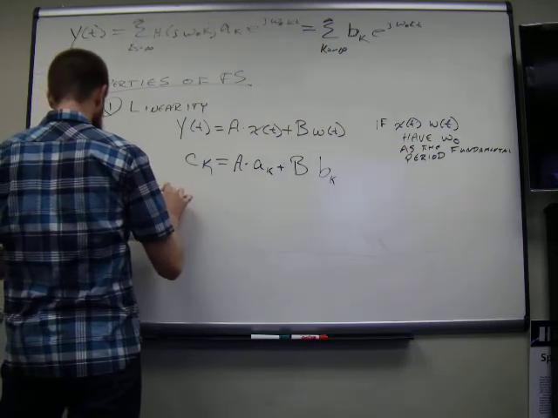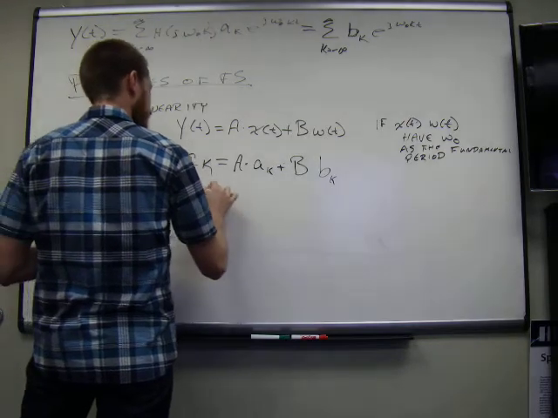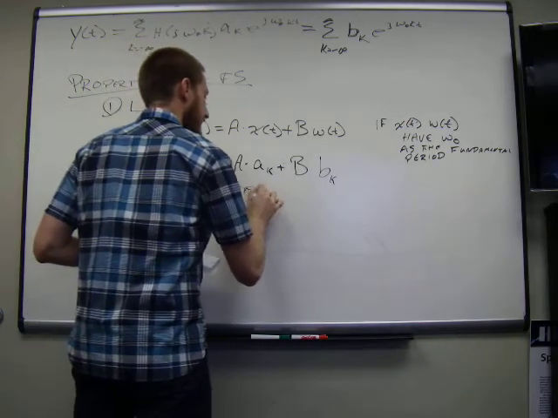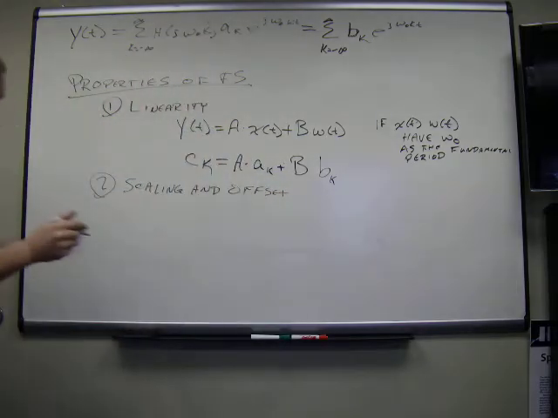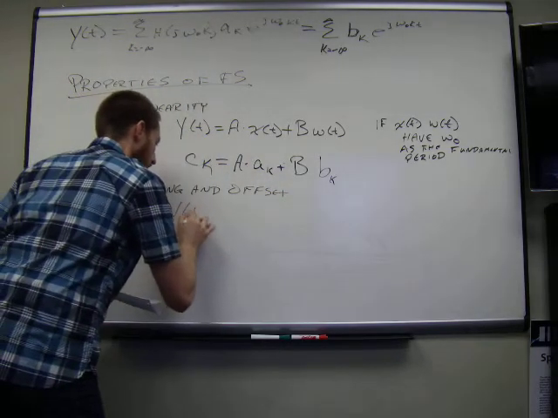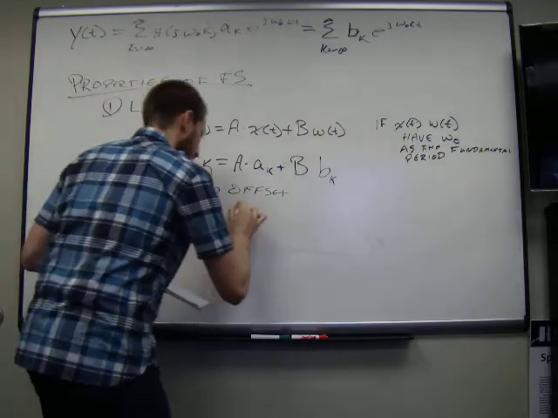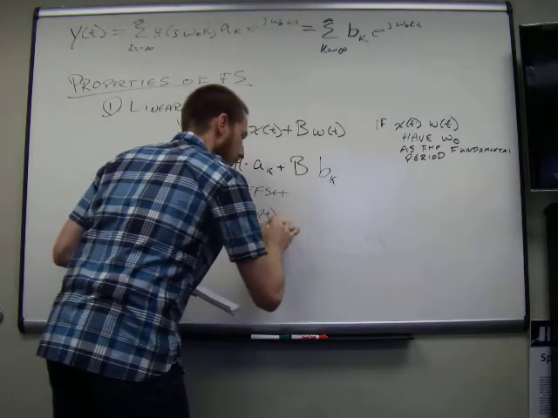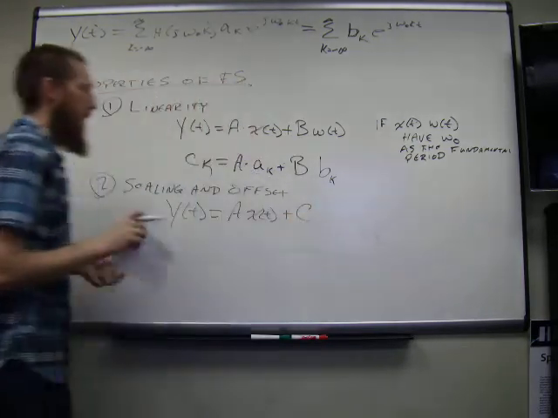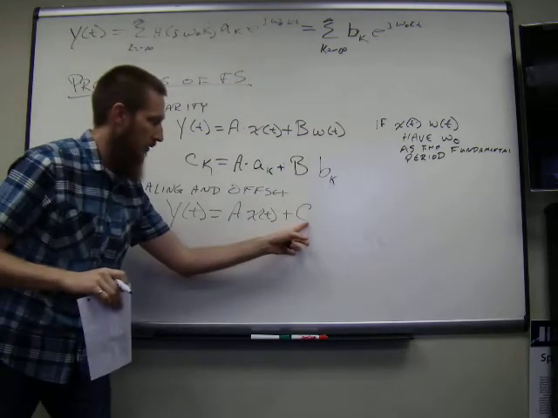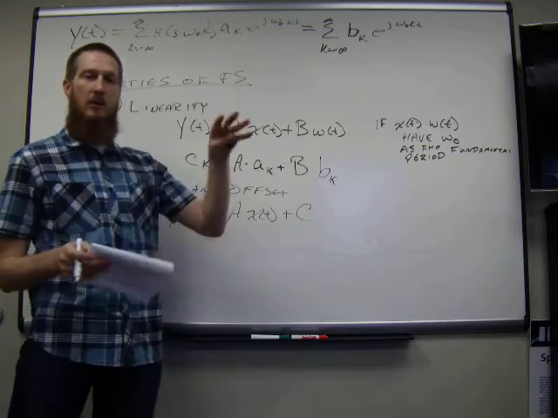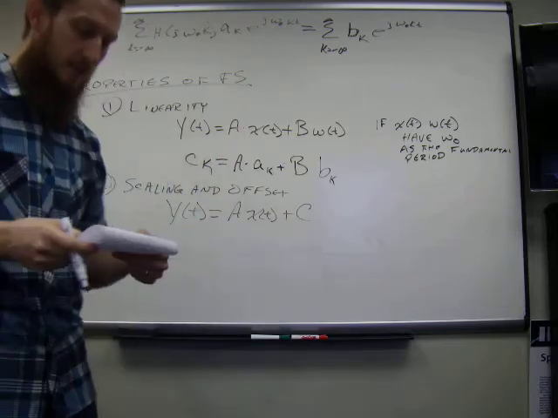Alright, number two: scaling and offset. So, if we say y of t is equal to a times x of t plus c, what is this? C is a DC offset. This is a special case.